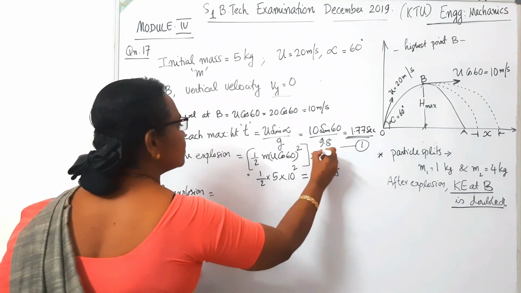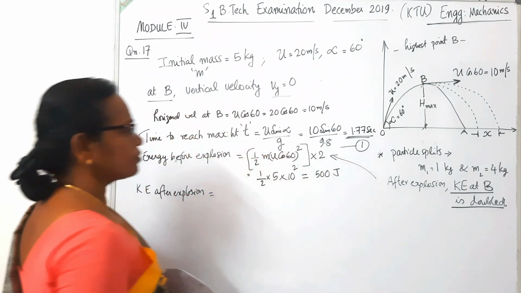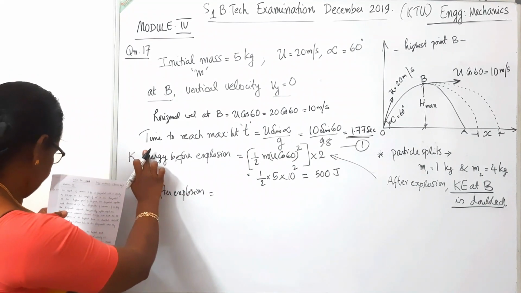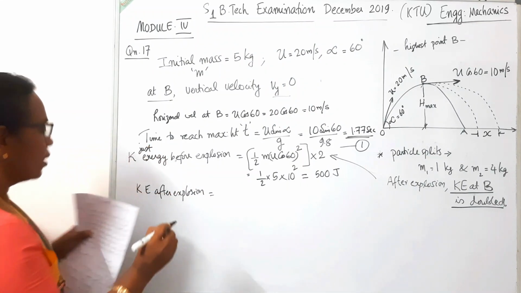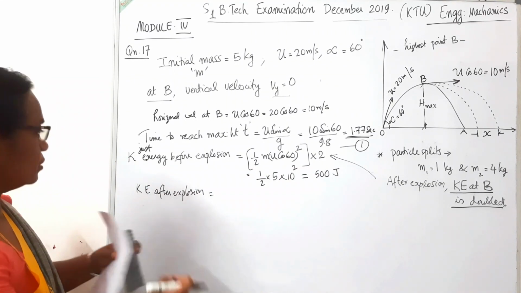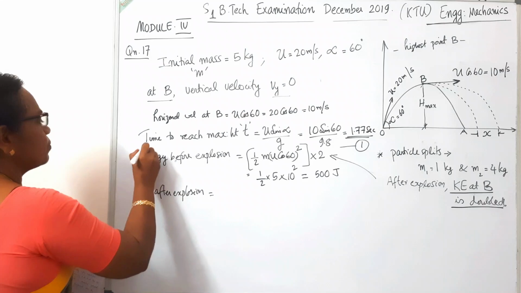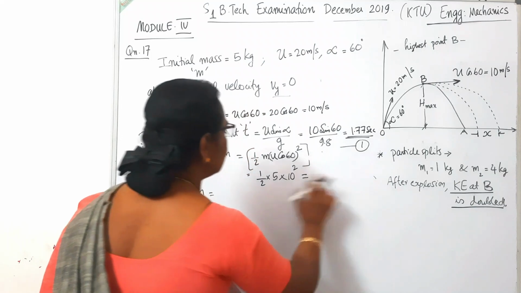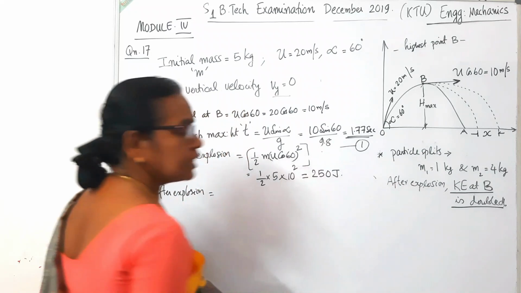It is given that after explosion, the kinetic energy at B is doubled just after the explosion. The kinetic energy just before explosion is half m v square, so it will work out to 250 joules. But after explosion it gets doubled.